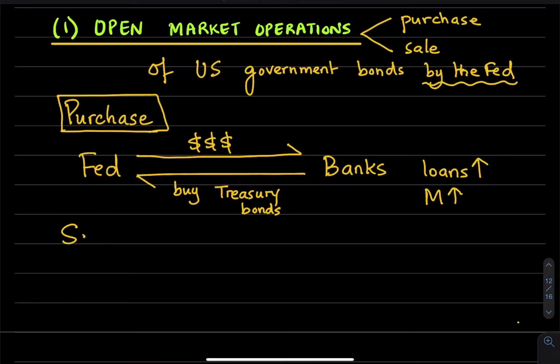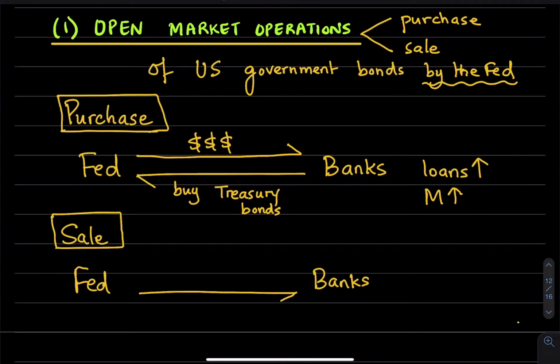Now, a sale would look different, where the Fed again interacts with banks, and this time the Fed is selling Treasury bonds to the banks. So Treasury bonds are going towards the banks, in exchange for some money.